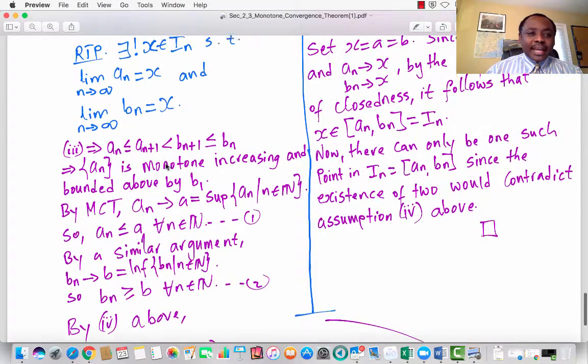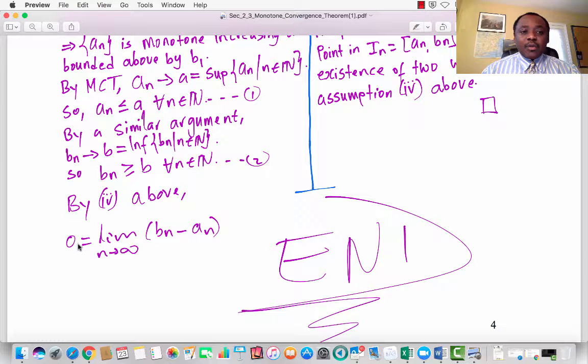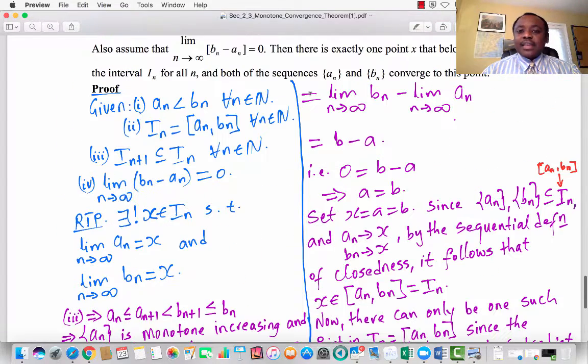Now let's go back to the fourth assumption. The limit as n approaches infinity of bn minus an is 0. In other words, 0 equals the limit as n approaches infinity of bn minus an, and that equals the limit of bn minus the limit of an.